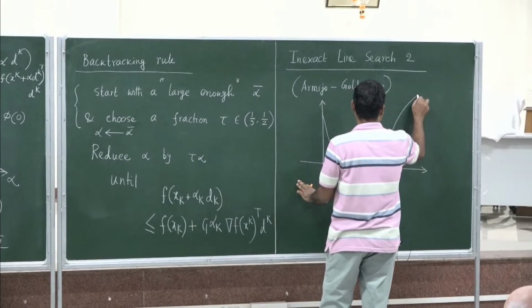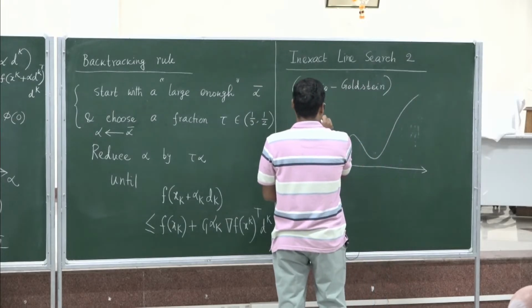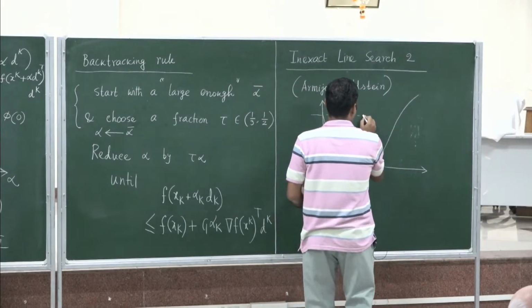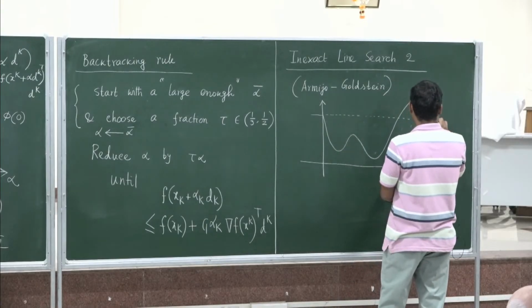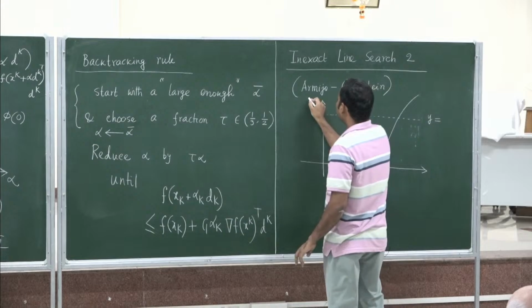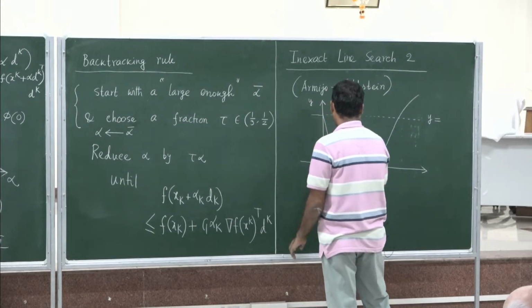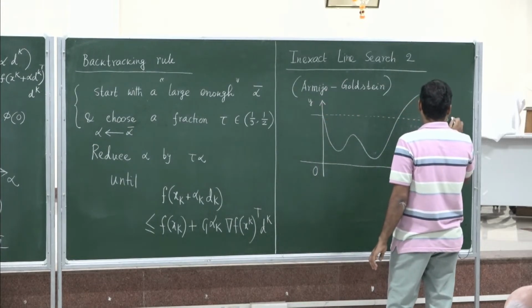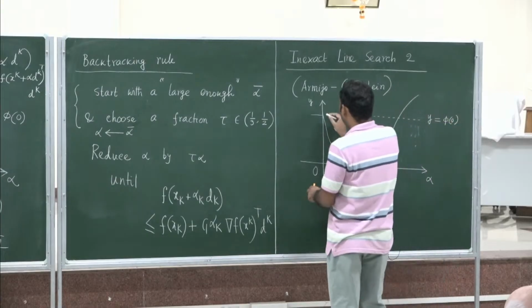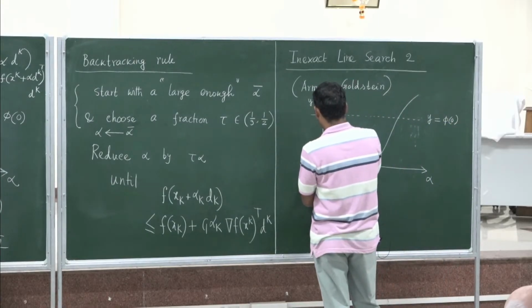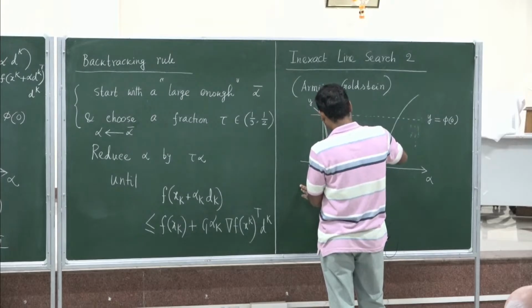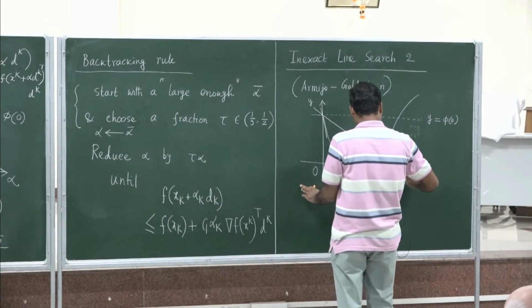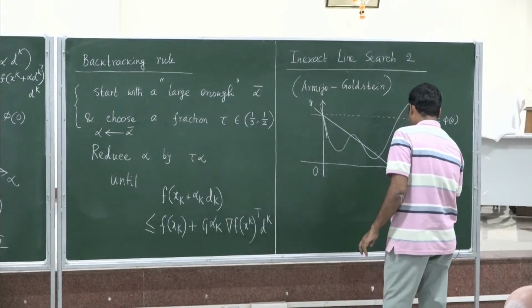If I quickly graph this out and figure out a region, here goes y is equal to phi 0. It was our tangent line. We wanted the function value to be below this line.